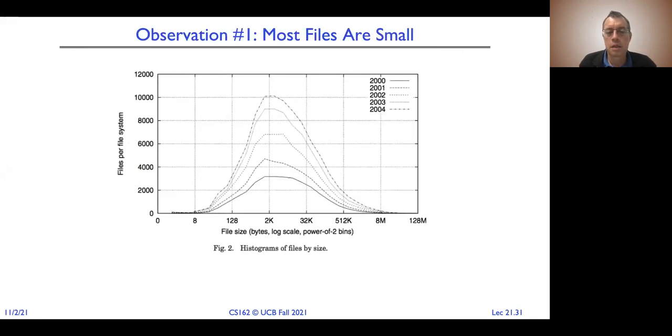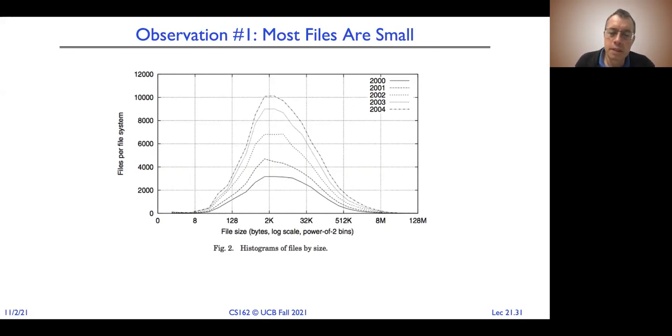The point here is the following. This study looks over 5 years at the distribution of file lengths and other statistics about the files in a file system. The first important one shows the distribution of file sizes for a file system.